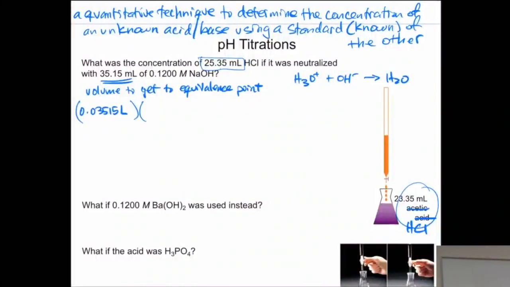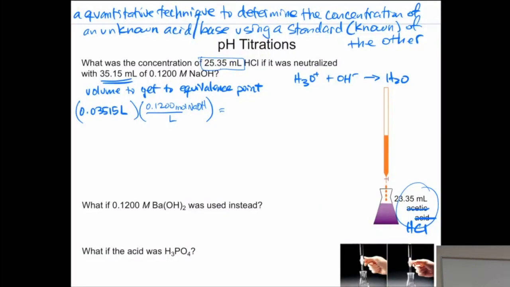Okay? Liters of what? Well, it's liters of 0.1200 molar NaOH. That's moles per liter. So I want liters on the denominator. 0.1200 moles of NaOH per liter. That's the molarity. Now that gives me how many moles of NaOH?